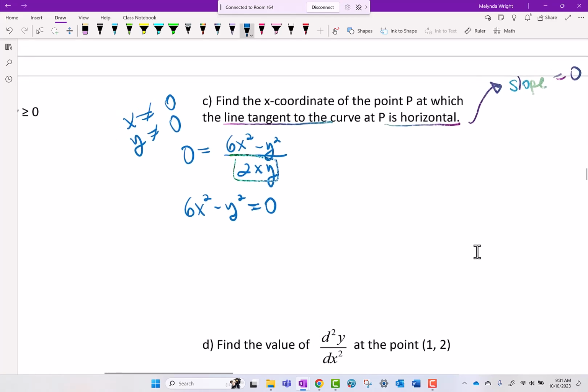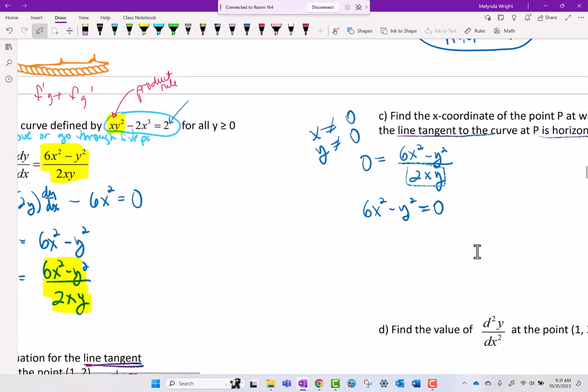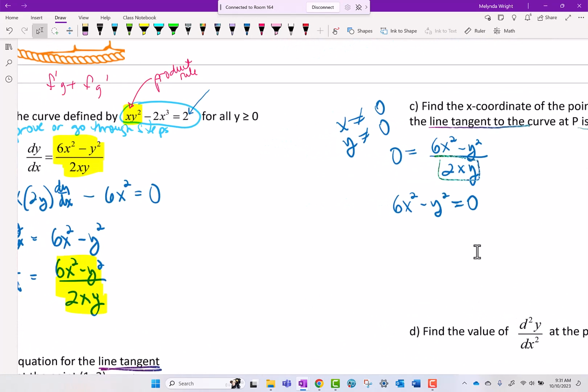So let's look back over here. We've got this. We've got that going on, right? How can we use that? That's what we want to think. Well, look, it's got a y squared in it.